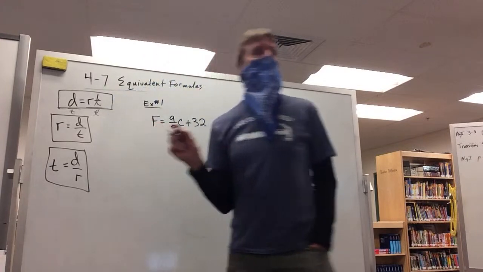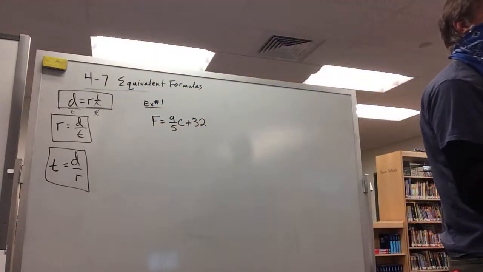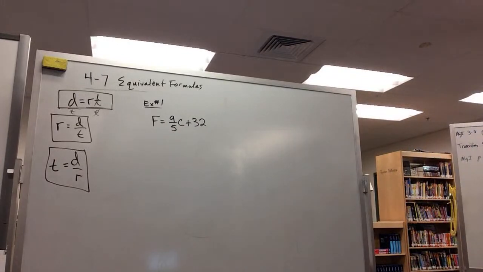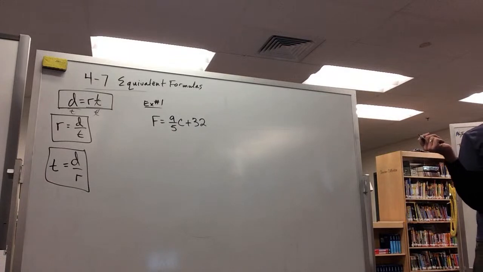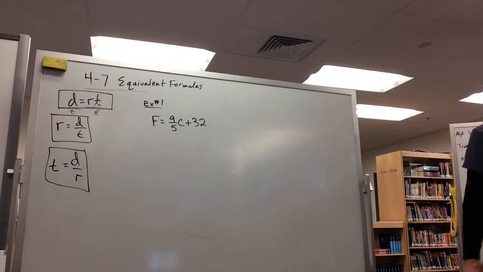So what does that formula look like it's for? You should be somewhat familiar with this one. I know you've seen it. What do F and C stand for? Yeah, Fahrenheit and Celsius.